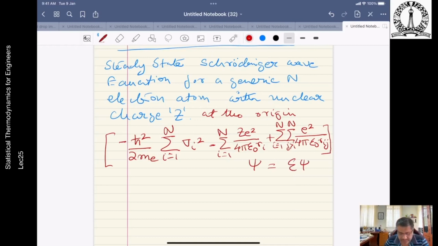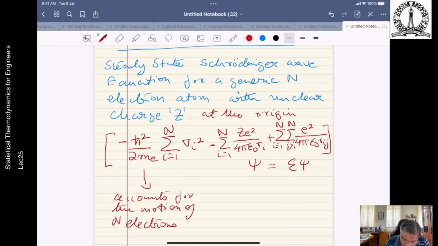Now the first term accounts for the motion of n electrons. This is term 1.